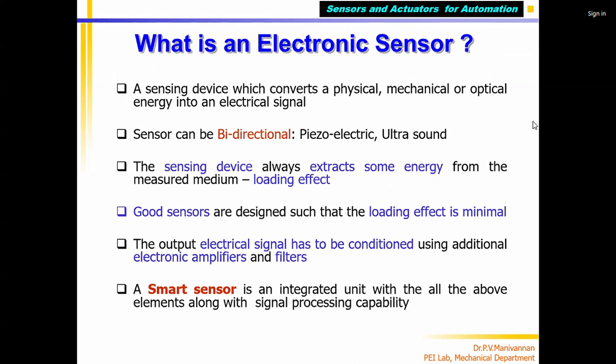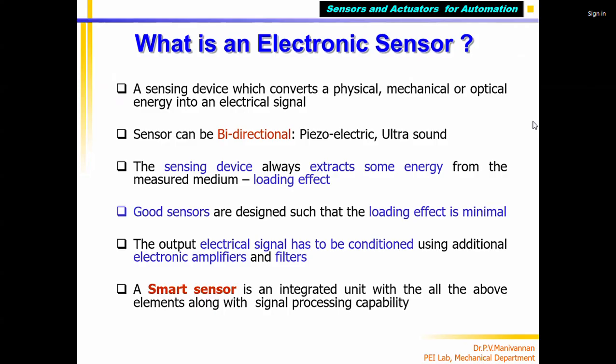Next, in this slide, we are going to talk about what we call the electronic sensor. Generally, if you see in books, they talk about sensors. Nobody, even in textbooks, specifically mentions electronic sensor. But I generally try to classify modern sensors as electronic sensors.